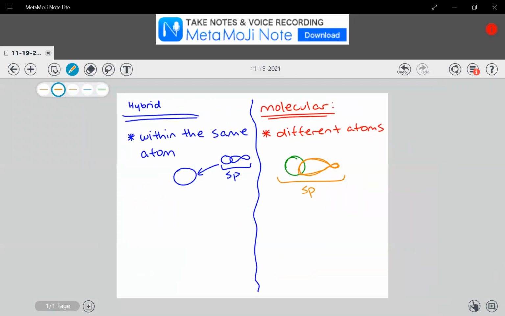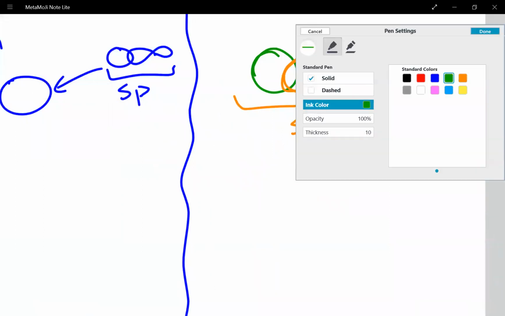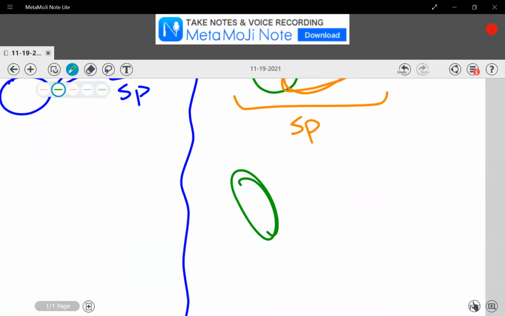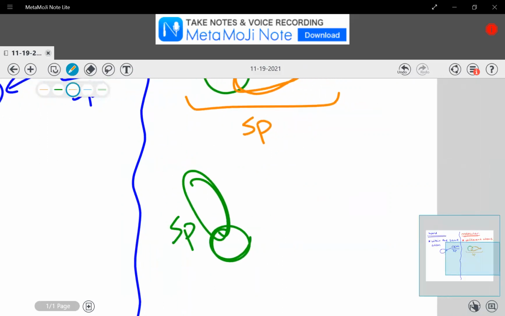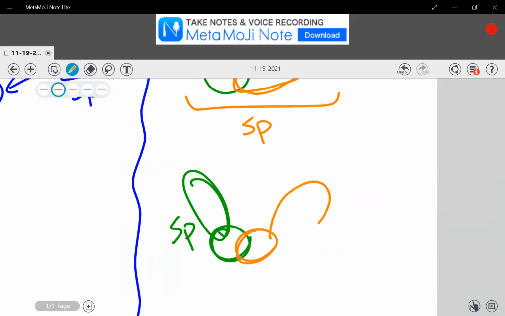So once again, if it's made up of an atom's own orbitals, it's hybrid. Made up of two atoms' hybrid orbitals, it's like two atoms sp, two atoms sp2. So let's say we've got one atom that has an sp, and then another atom that's also got an sp.